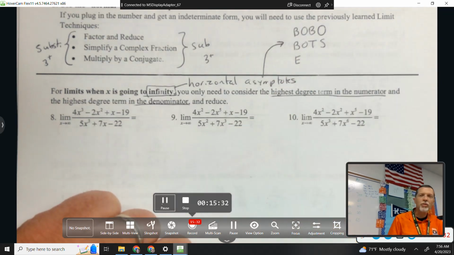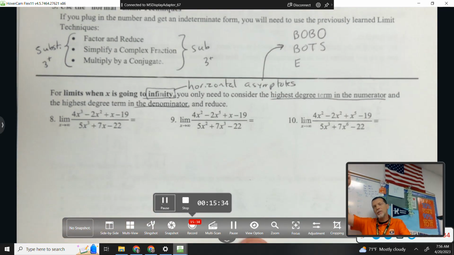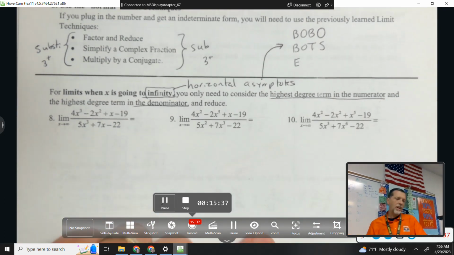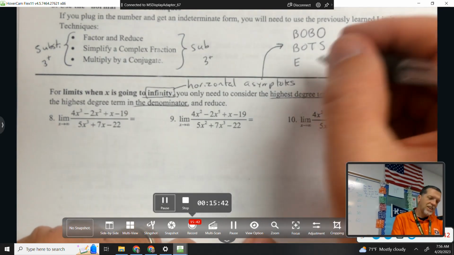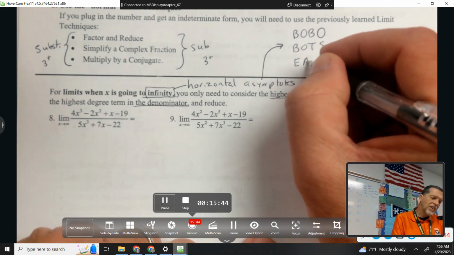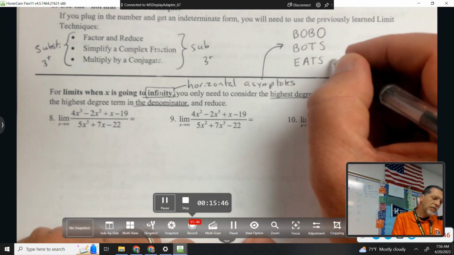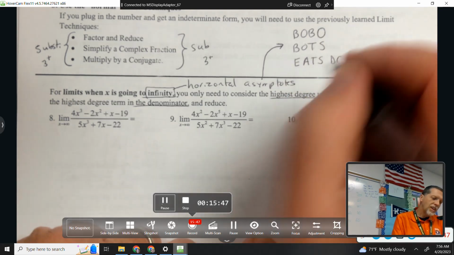So what's the other case? If it's not bigger on bottom or bigger on top, they're equal. But that's not what's equal. Starts with an E. The exponents are the same, and you'll divide the coefficients.